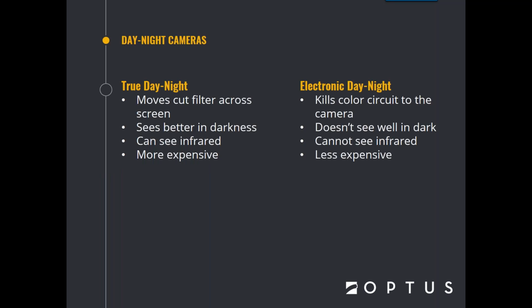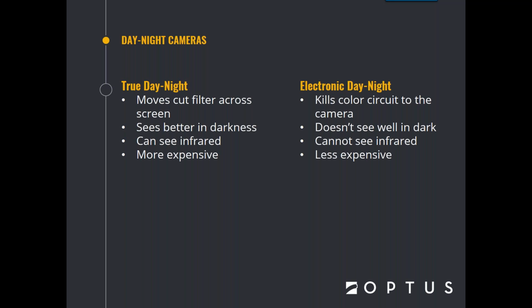Day-night cameras. So as the lux decreases, the amount of light in the surrounding area decreases, a camera will then convert to shooting in black and white. So there's 2 different types of day-night cameras.